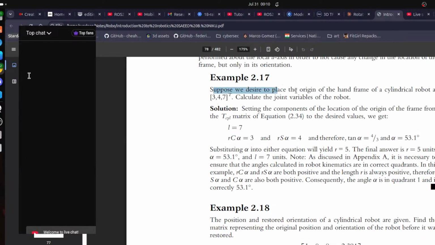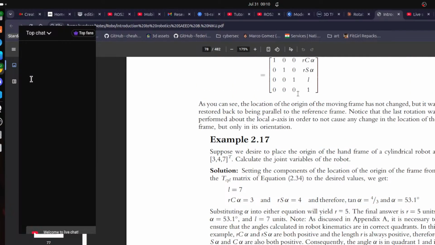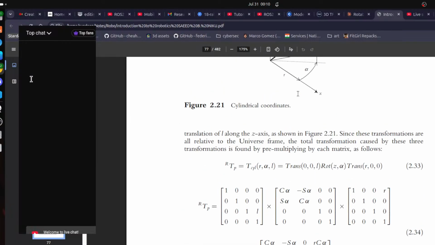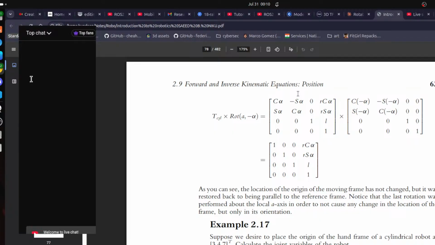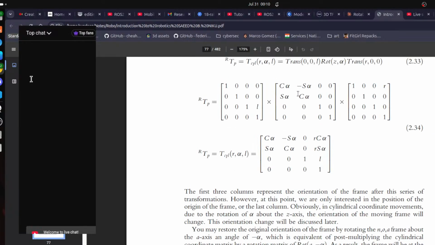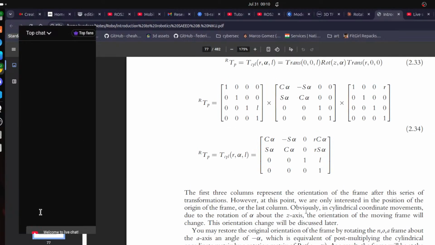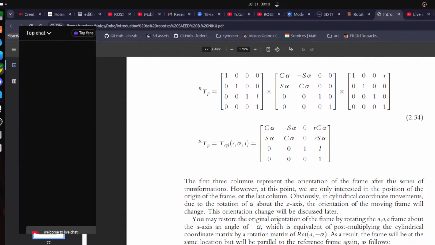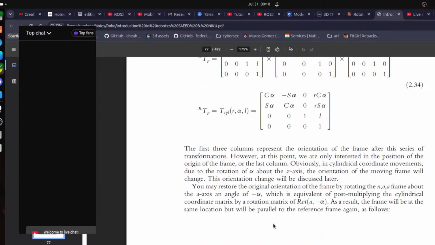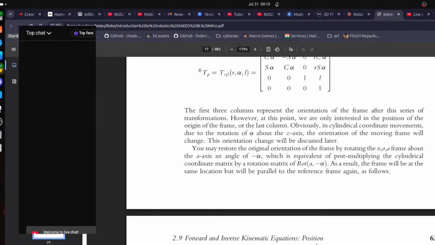Suppose you desire to place a robot at calculated joint variables. Restore the original orientation of the frame over the angle minus alpha. The frame will be at the same location but will be parallel to the reference frame again.